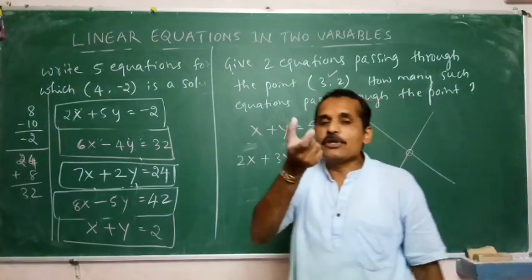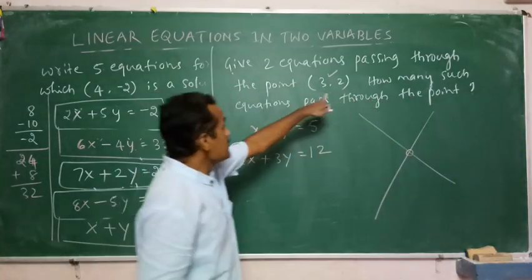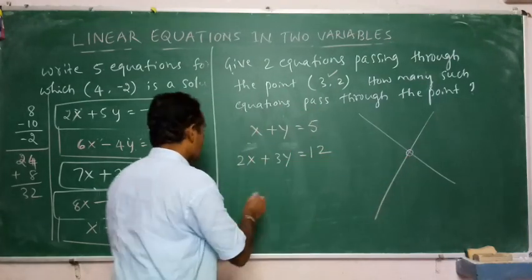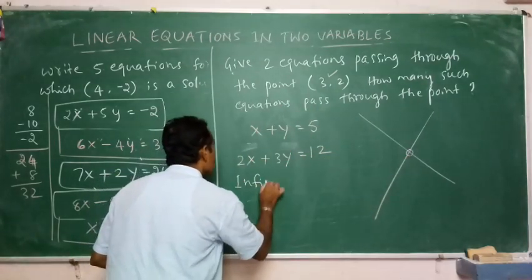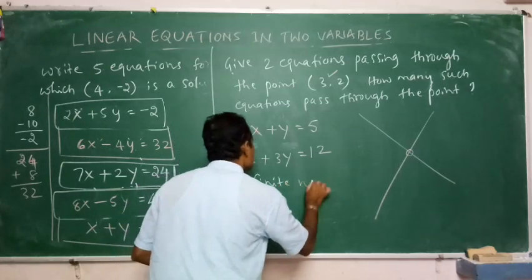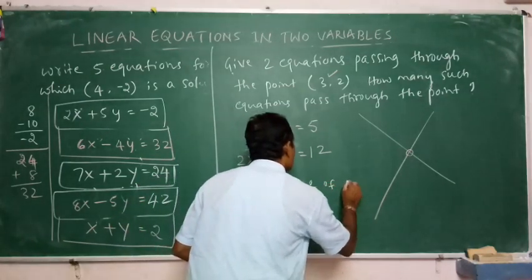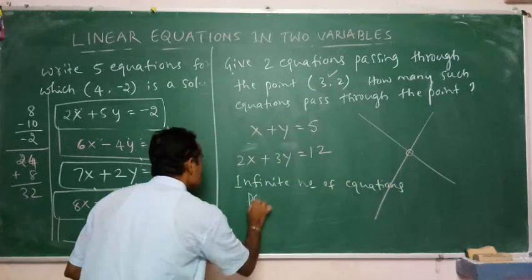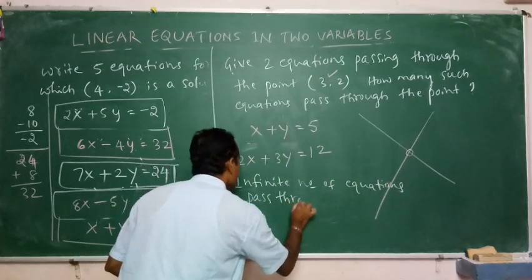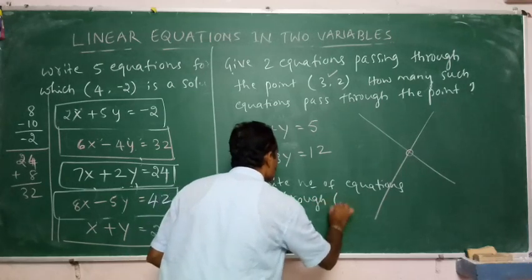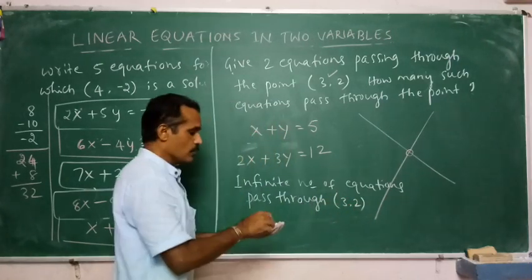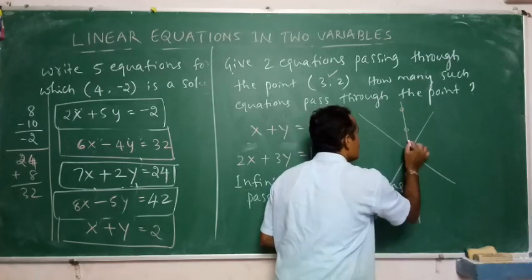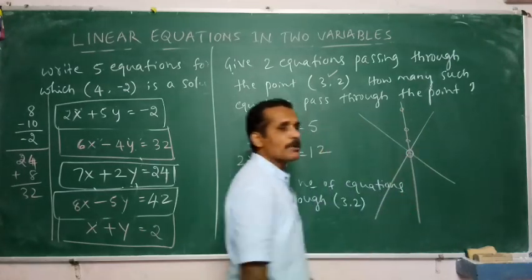That I will explain in my next video. Further they say, how many such equations pass through the point? You can say infinite number of equations pass through the point 3, 2. There will be one more line like this with different solutions. Again, this is a common solution.